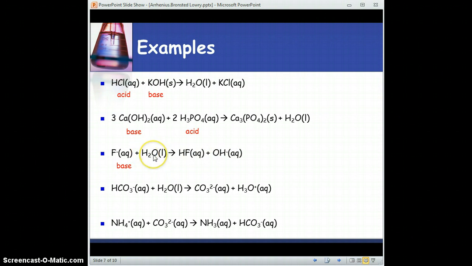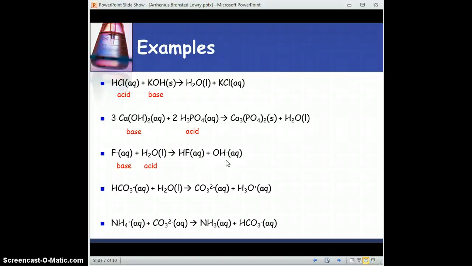Here the OH has an H in front of it, and that H is going to drop off and go to the fluorine, so it only has an OH. So the OH started with an H, it lost one, so it is the acid. In this case, water is actually acting as an acid, which is kind of hard to think about because we know that water doesn't have an acidic pH.